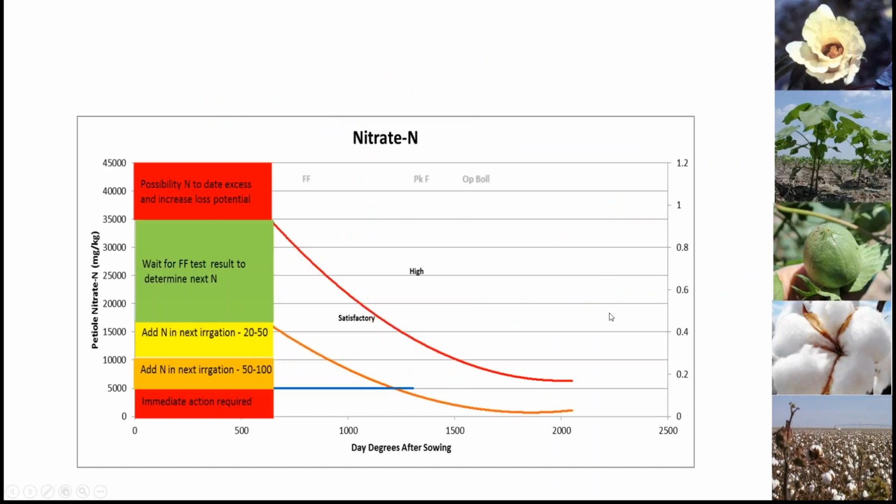Typically these are the types of decisions that we're making generally between squaring and about 2 weeks after the start of boll fill, which is the period where important decisions need to be made. The question is whether you add more, whether immediate reaction is required, do we delay it to the next test, or it's in excess and we've got to question what's going on around the strategy.